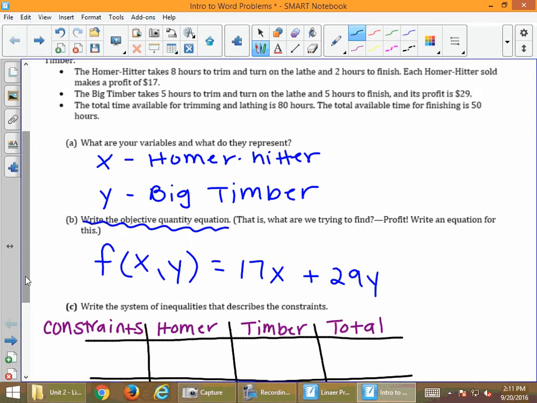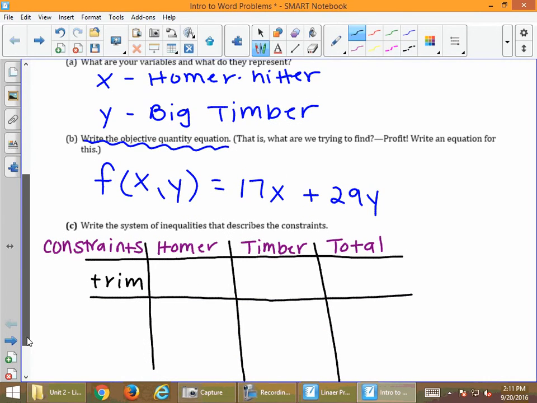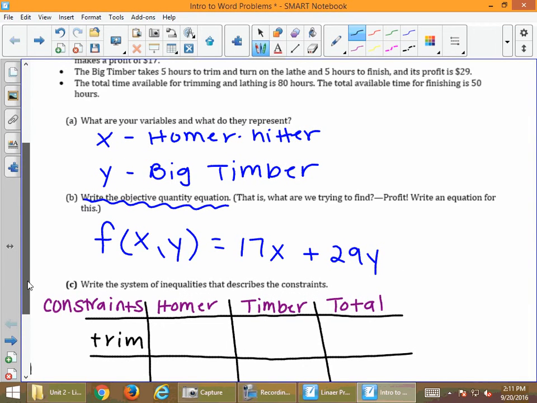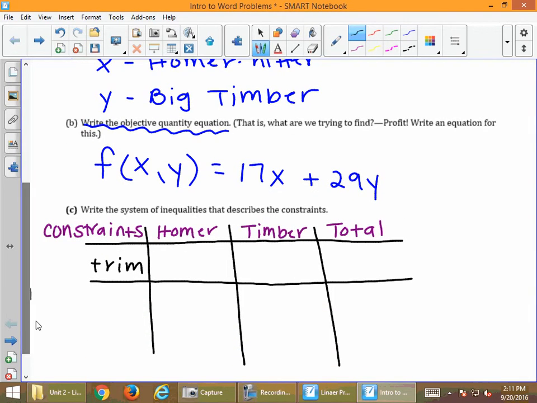To trim is one thing. You can't trim forever. There's a limit on the hours you can trim. Okay? What else? Yeah, trim, those two go hand in hand. Okay, then. Finish. There's also a limit on the number of hours it takes to finish.